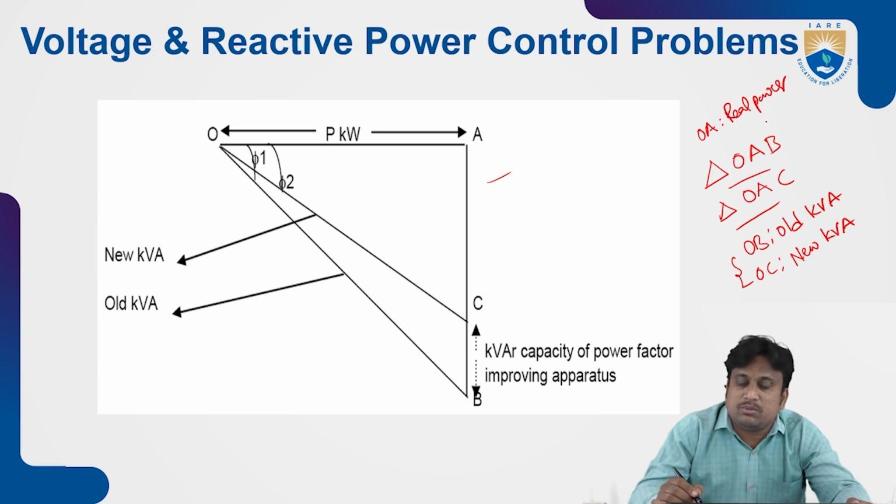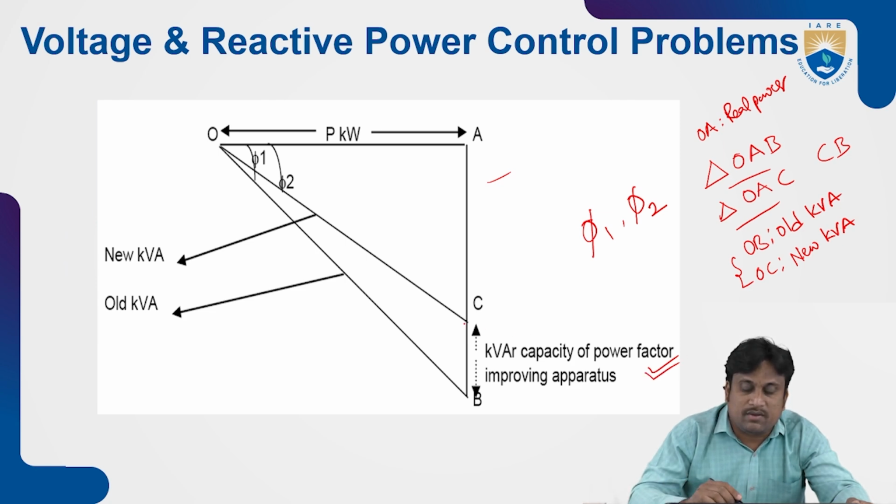They differ by angles phi 1 and phi 2. So the change from C to B, or B to C, is the kVAR capacity of the power factor improving apparatus. Whatever change we expect in this boundary will be the kVAR capacity of the power factor improving apparatus.